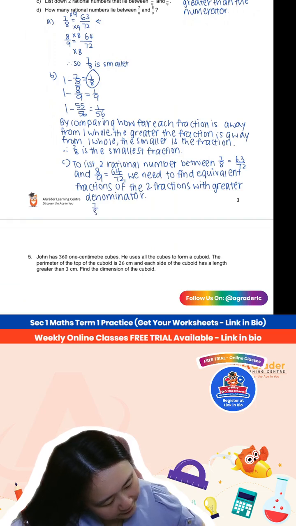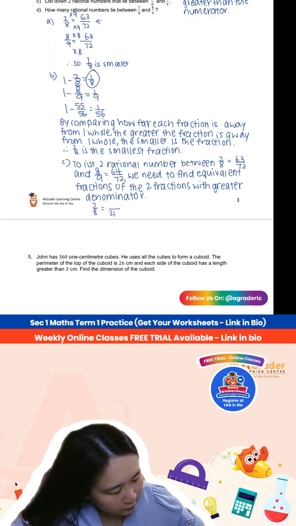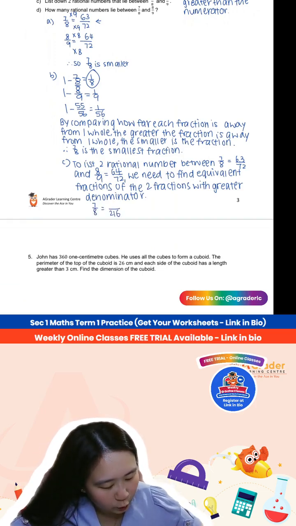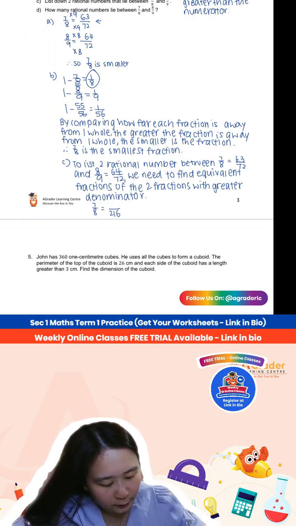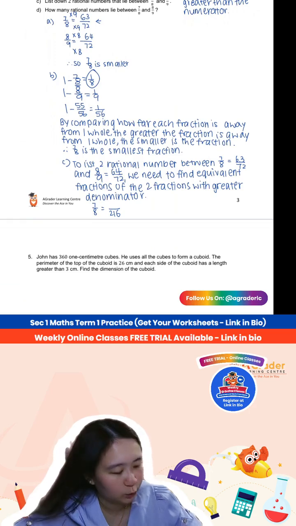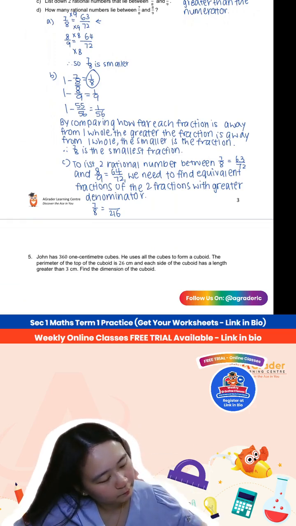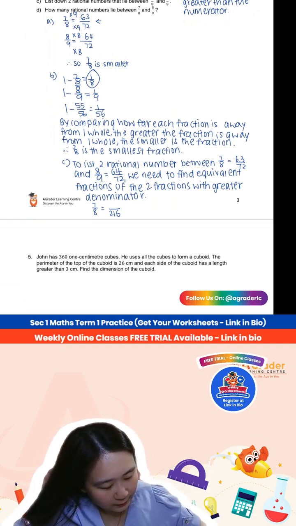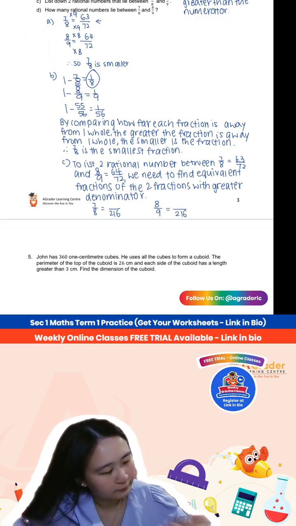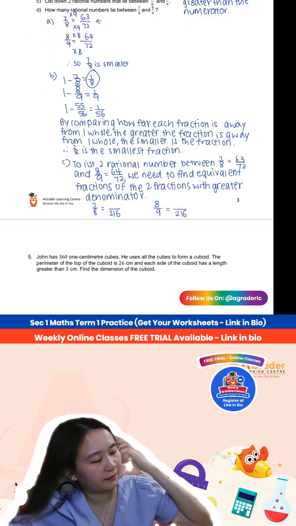So let's say I change my denominator to 216. It must be in multiples of 72, so that they are still the common multiple of 8 and 9.